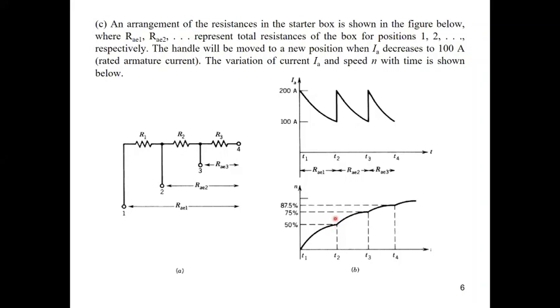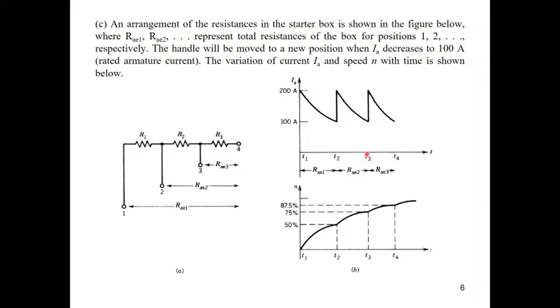So at instant T2, we can remove a part of the resistance in order to limit the current to 200 amps. The current will start decreasing again, and the machine will speed up again until a certain value.